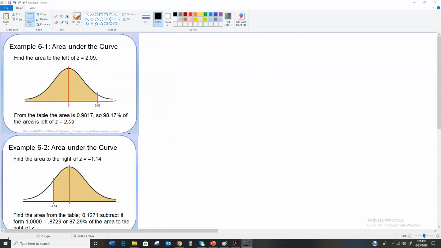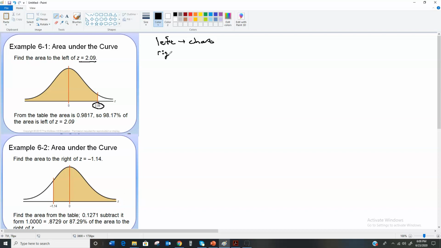So now let's see a few actual live examples of this and see the chart that we're going to use. The first question says, find the area to the left of Z equals 2.09. So here's our Z value, 2.09. And in order to find to the left of that, remember, I'll jot this down up here again. If it's to the left, we're just going to use what's on the chart.